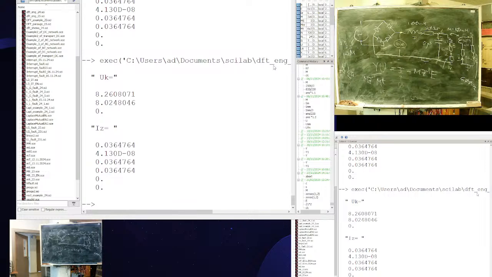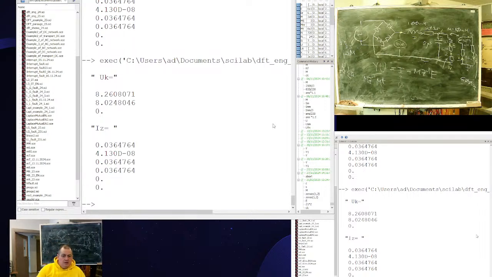Offset. So with my DC component, then volts okay.